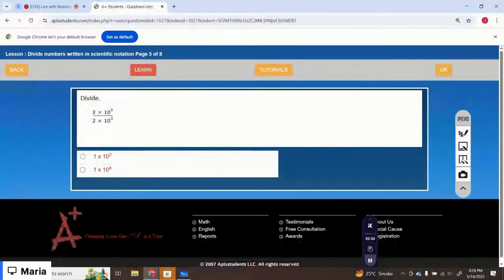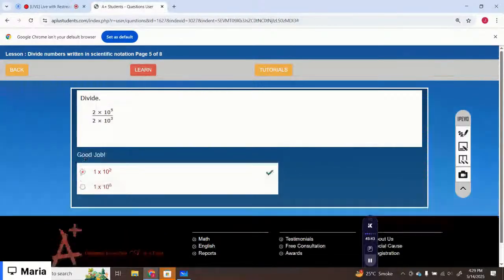Next, 2 times 10 exponent 5 divided by 2 times 10 exponent 3. That is 1 times 10 exponent 2. Option number one is the correct option.